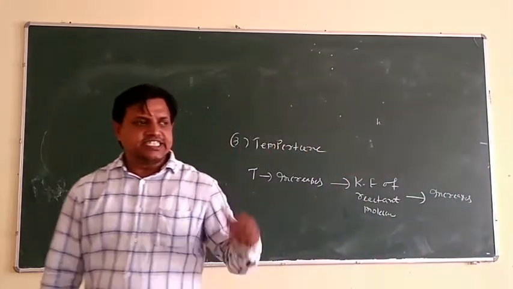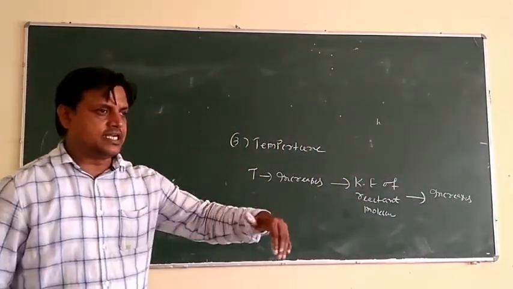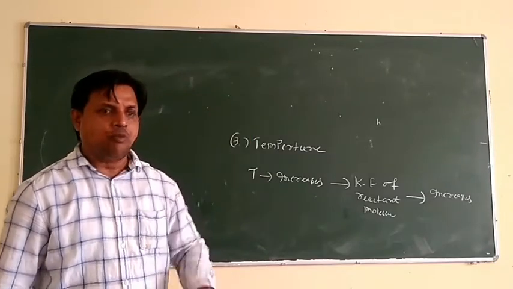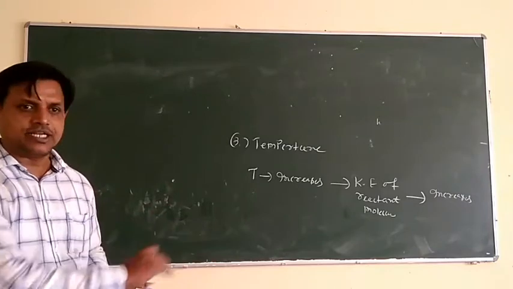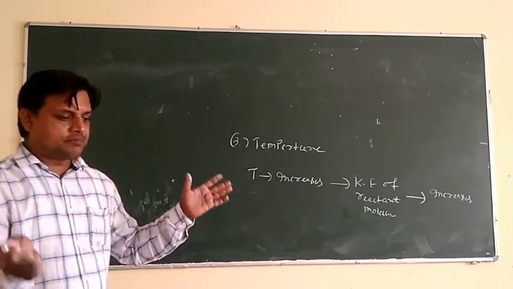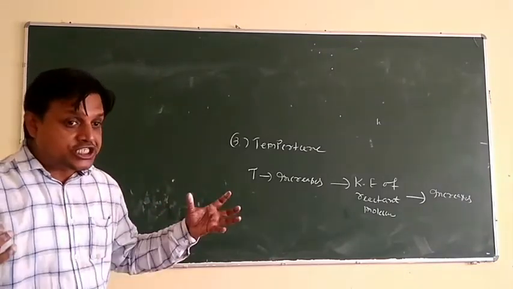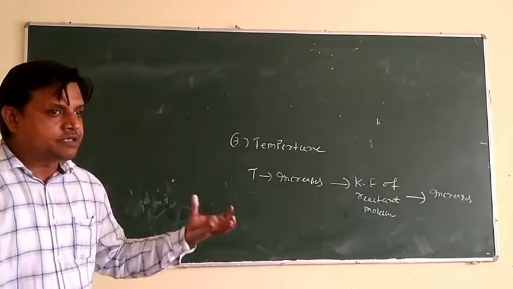So, increasing the kinetic energy of the reactant molecule, or increasing the movement of the reactant molecule, can increase the rate of a chemical reaction, because the rate of a chemical reaction depends upon the number of collisions between the reactant molecules.